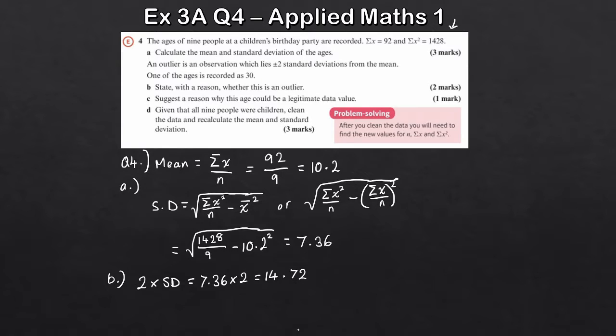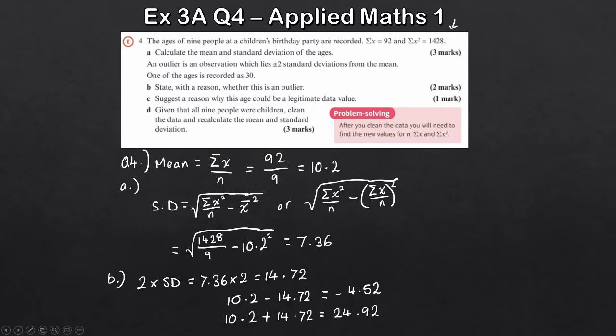If we consider our mean, so 10.2 minus 14.72, and then consider 10.2 plus 14.72, because remember it's 2 standard deviations from the mean. Work each one of these out individually. This one will give you minus 4.52, and this one will give you 24.92.